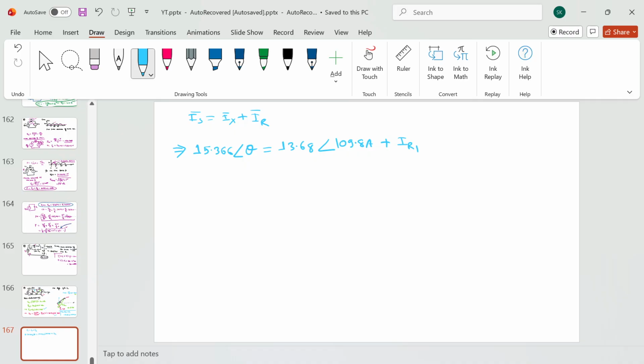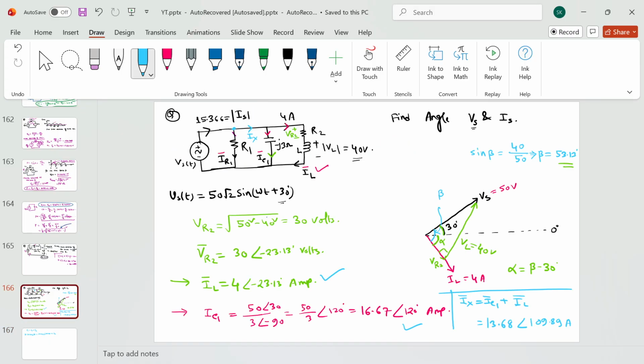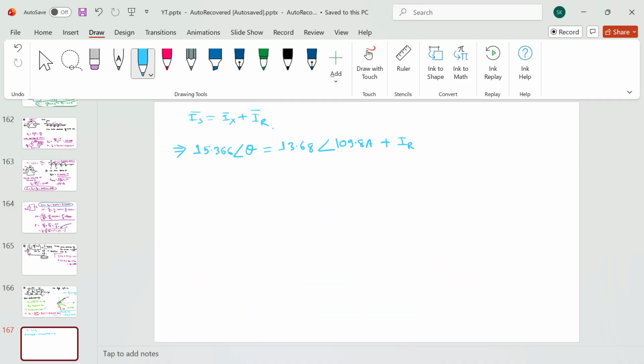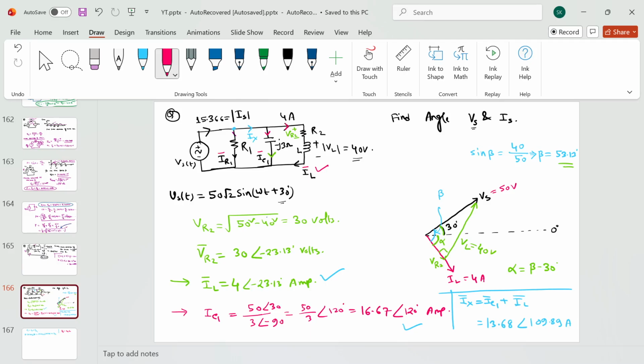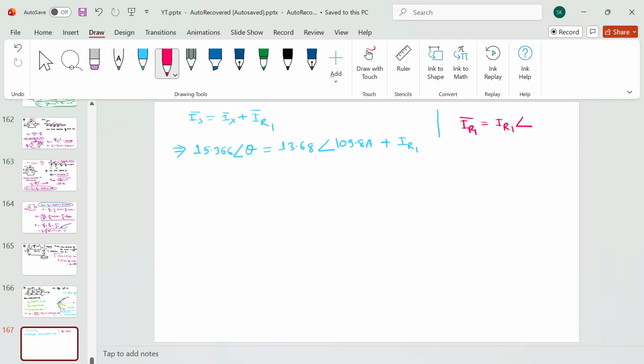And this IR1 phasor is simply IR phasor, with the IR1 magnitude, and the angle should be same as the source voltage, because for resistance angle will always be same, so that angle will be 30 degree.